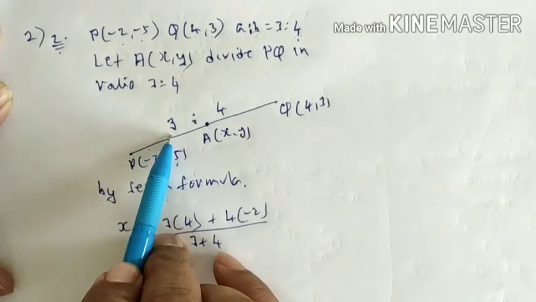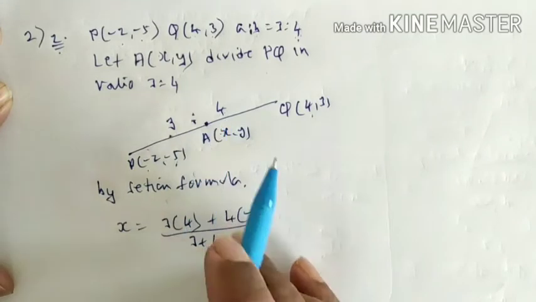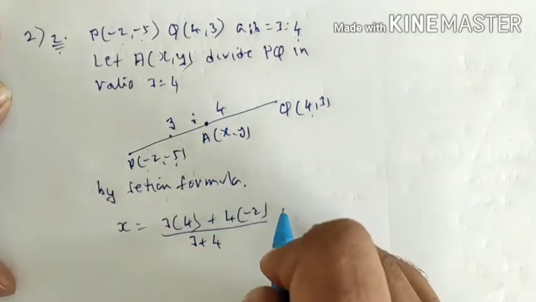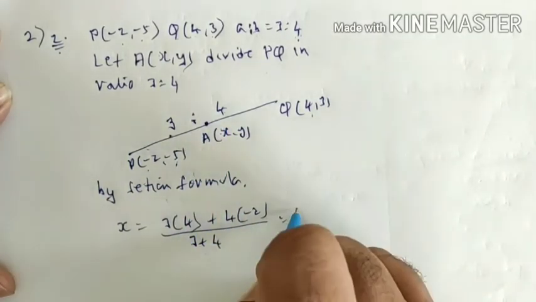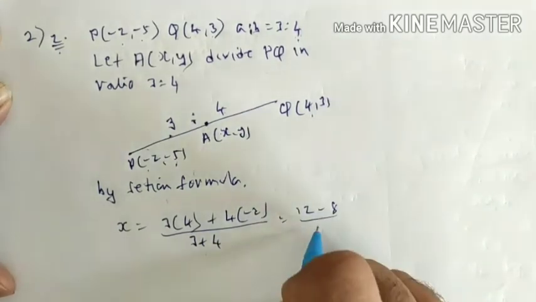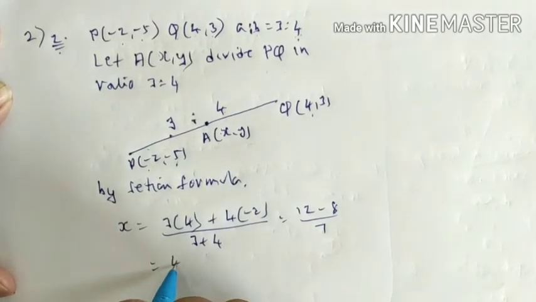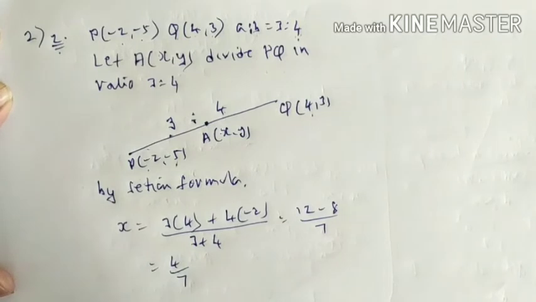See what I have done here: 3 into 4 plus 4 into -2 upon 3 plus 4. So how much do we get? It is equal to 3 into 4, 12, minus 8, upon 3 plus 4, which is 7. 12 minus 8 is 4. So we got the value of x as 4 upon 7.